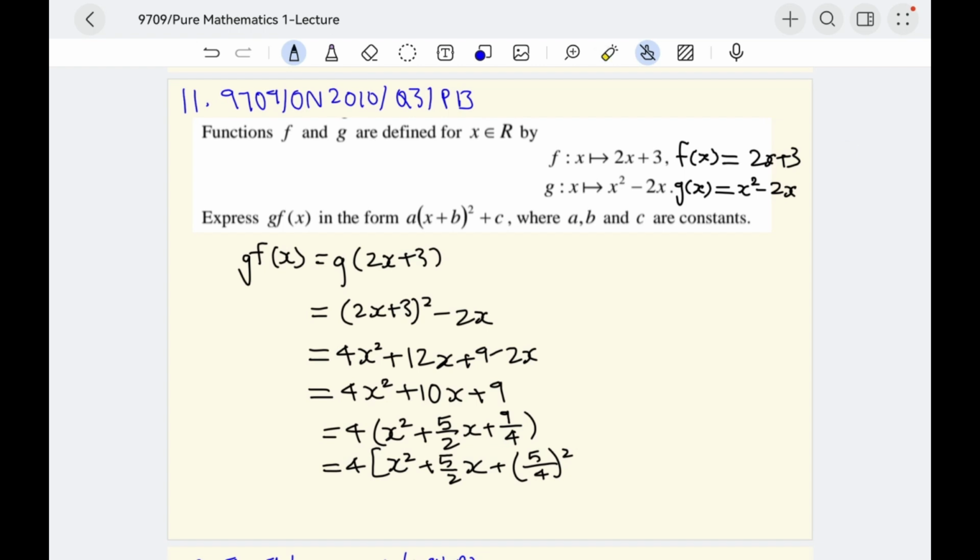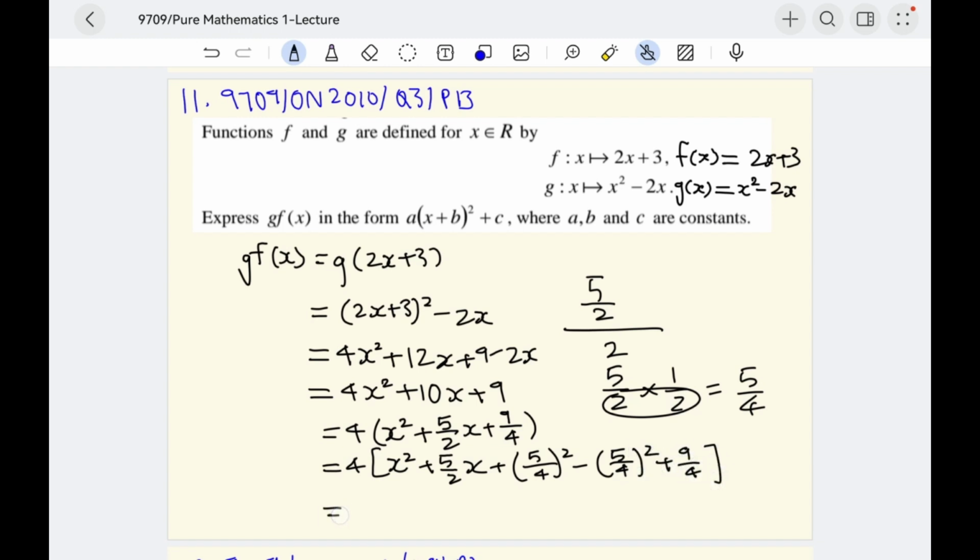So why do I just straight away write 5 over 4? Because 5 over 2 divided by 2 is 5 over 2 times 1 over 2. So 2 times 2 is 4. That is 5 over 4. So I hope you can understand this.